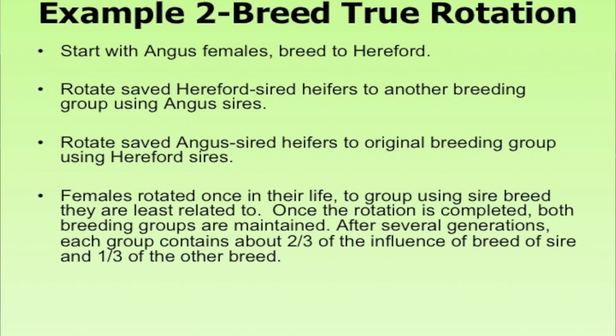So a true two-breed rotation would be, let's say we used Angus and bred them to Hereford. You rotate the saved Hereford-sired heifers to another breeding group, and we use the Angus. And you take the Angus-sired heifers and breed them back to Herefords. After several generations, each group is going to contain about two-thirds of the influence of the breed of sire and the other third of the other breed.